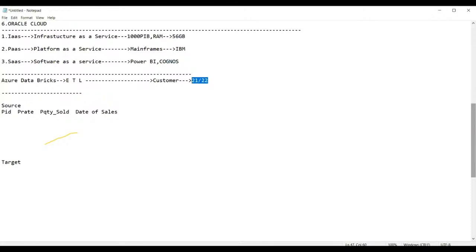So guys, first of all, to answer this query and report it to the customer, you require the source, consisting of the following information: product ID, product rate, product quantity sold, date of sales.